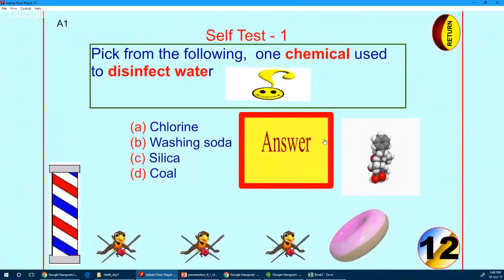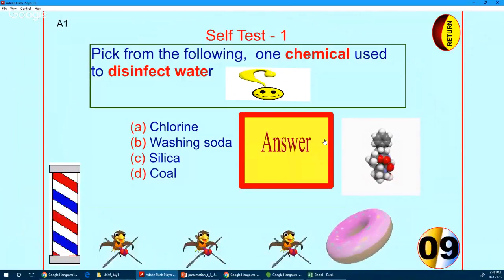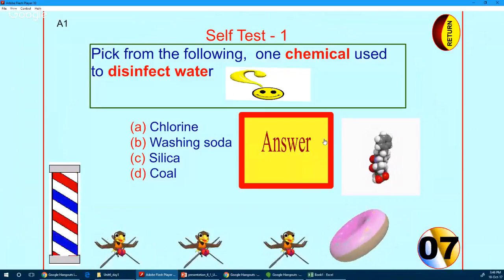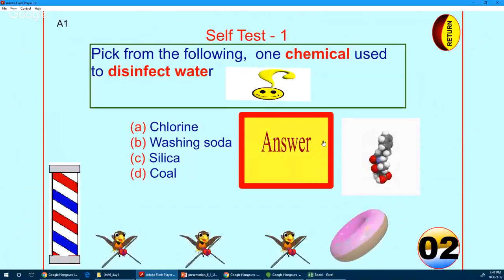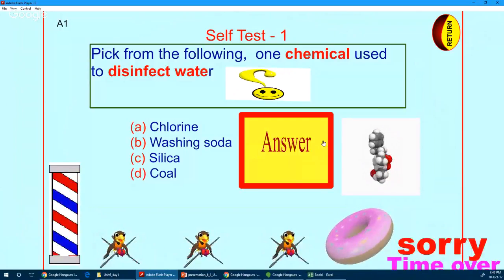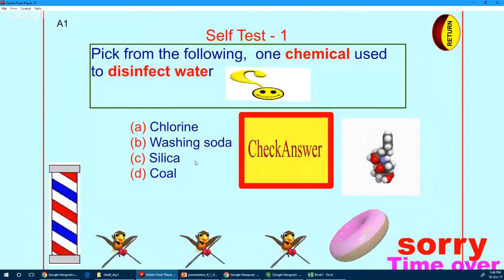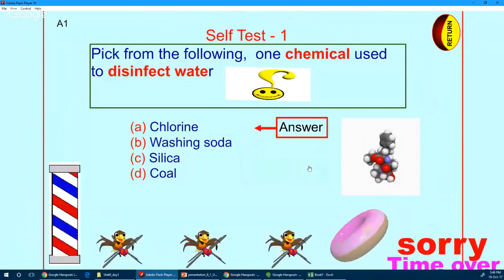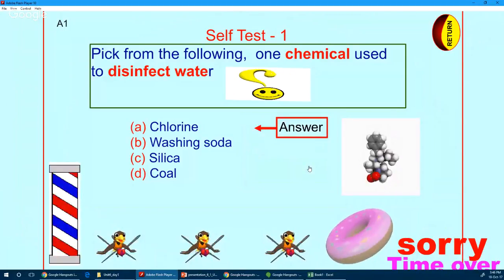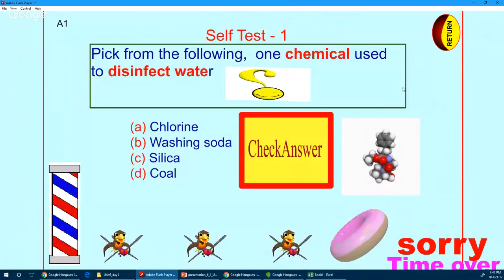Be faster, only 10 seconds remaining. 5 seconds. It's time. The right answer is chlorine. Chlorine is the most common disinfectant used to clean water.